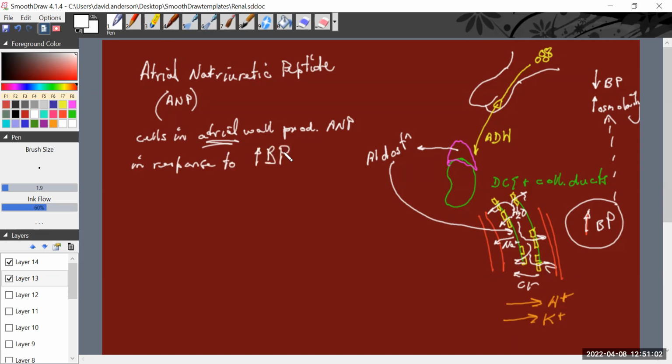And the stimulus for ANP is high blood pressure. ANP then targets distal convoluted tubules in the kidney.